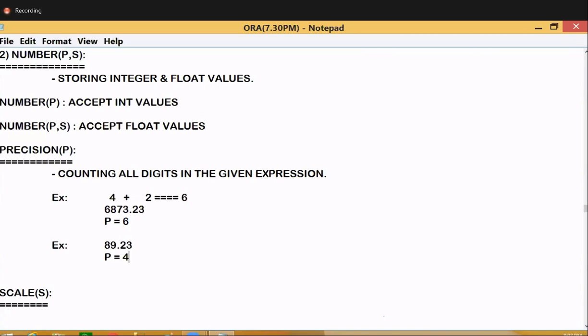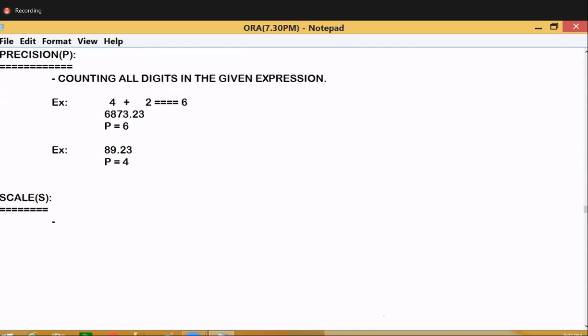Then what about scale? Scale is nothing but counting the right side digits only. Right side means the right side of the decimal point, whatever is there, only that is counted. For example, if I'm giving this one, P is equal to 6, and scale is 2, because we count the right side digits only.